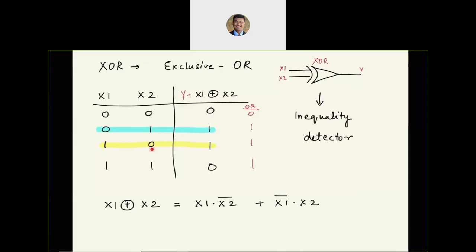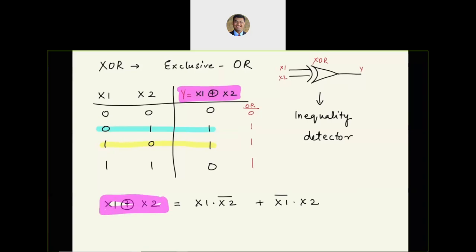So the output y, over here, if I wanted to write an expression for this, I would need to look at where all do I have the ones.